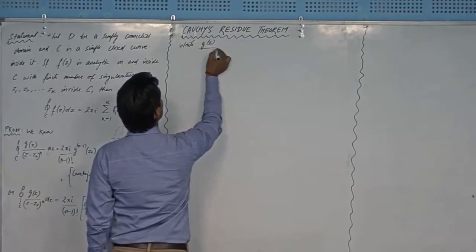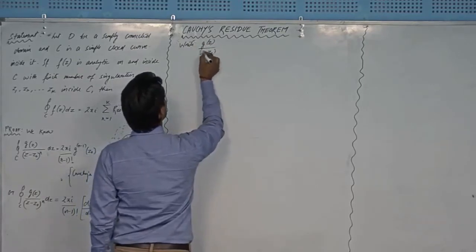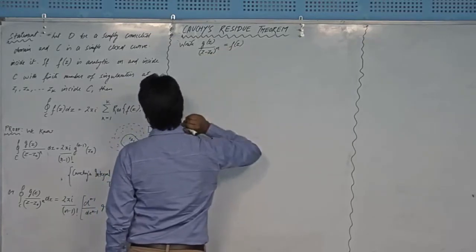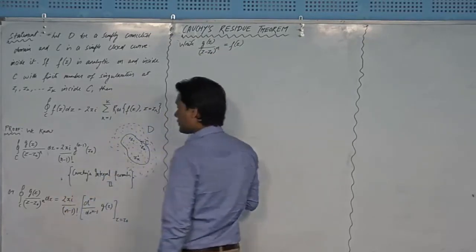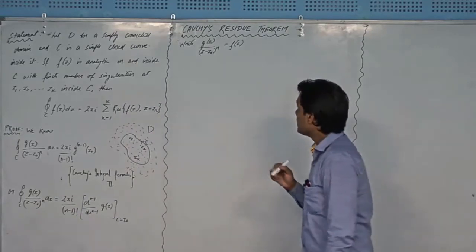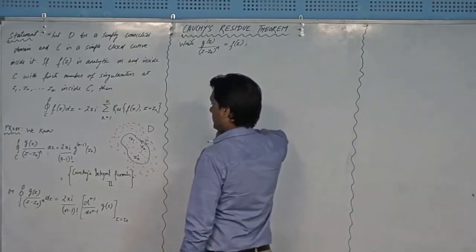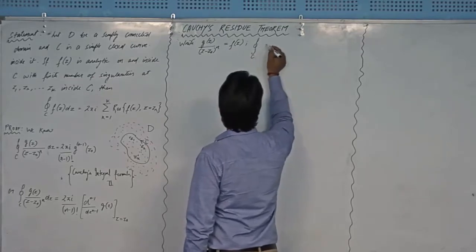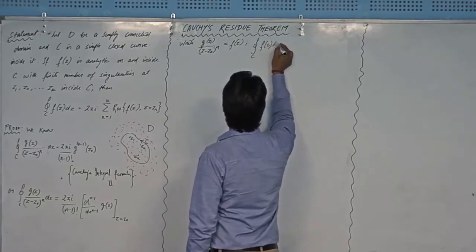G(z) over (z − z₀)ⁿ equals f(z), right? In that case, my last equation will be converted into the line integral along C of f(z) dz, right?